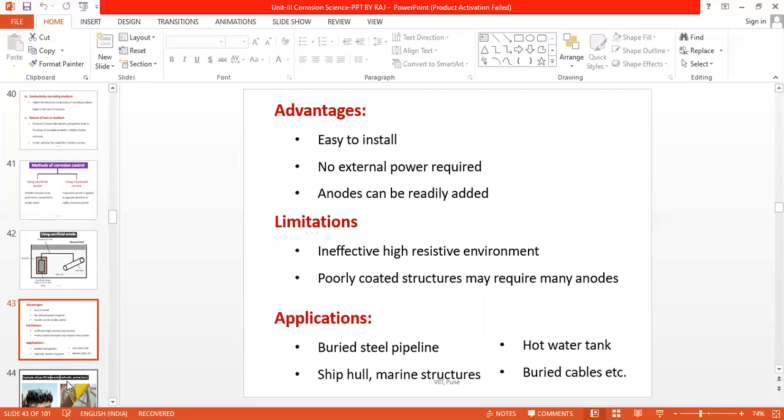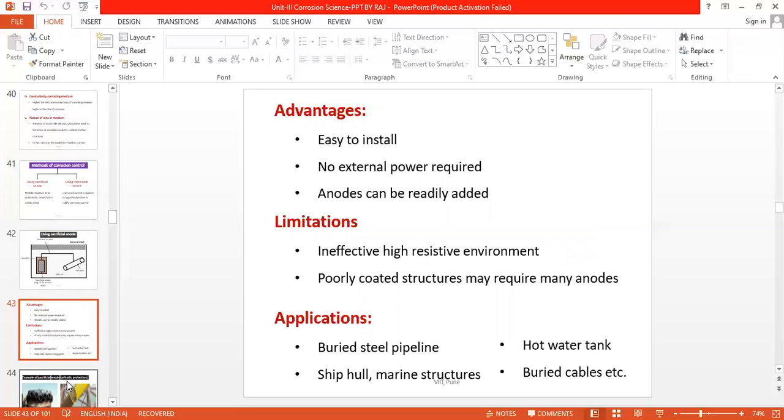So if the environment is highly resistive, this method will not work. Poorly coated structures may require many anodes. The base metal to be protected from corrosion should not have any coating on it. If partial coating or poorly coated structures are there, a single anode is not sufficient. Then you have to use multiple anodes.